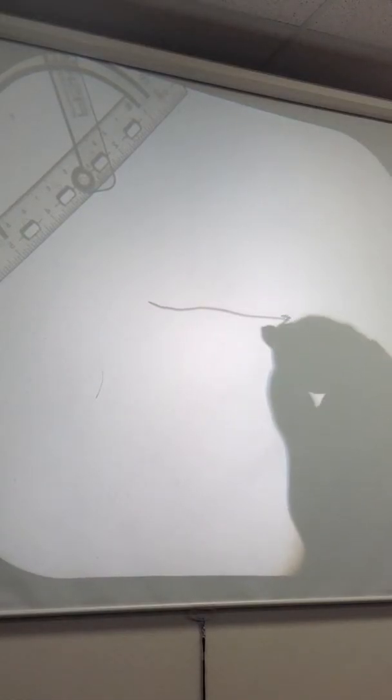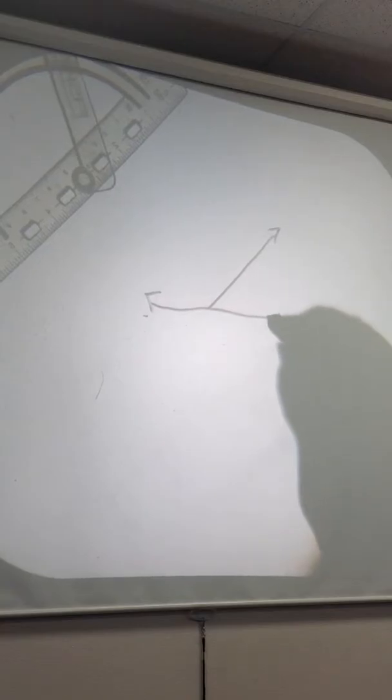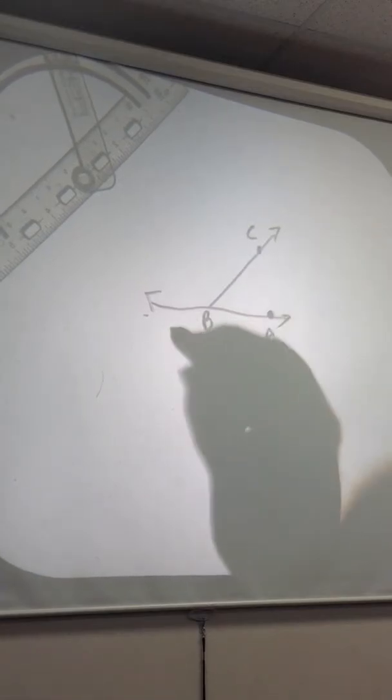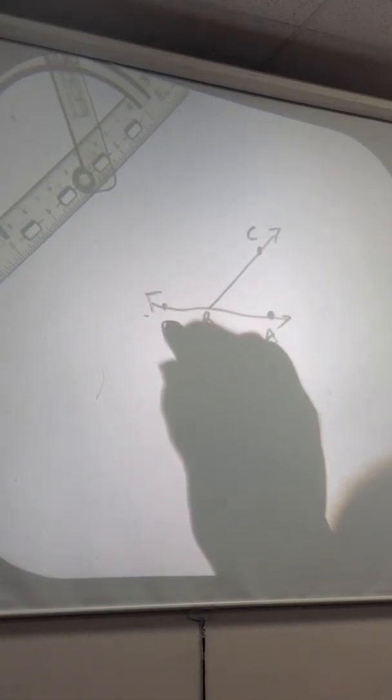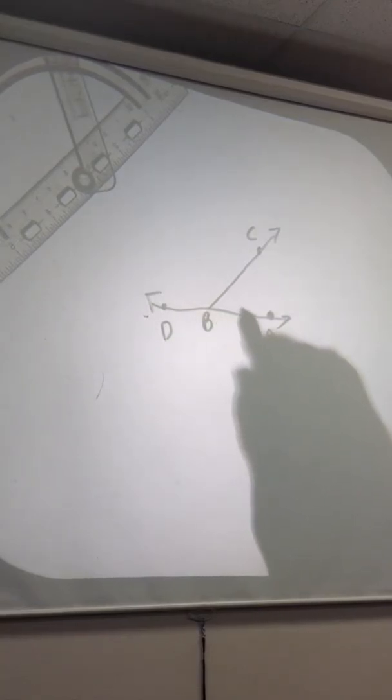All right, so now, suppose we have this. We have that, and we have an angle here. This point we call A, we'll call this one B, we'll call this one C, and we'll call this one D. Okay, now there are two angles that we really are interested in here.